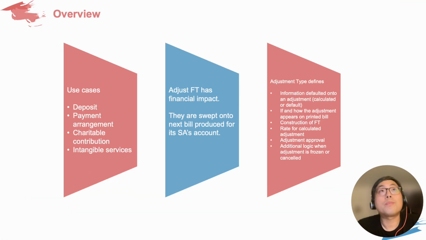All right, so before I start, adjustment is one of those three objects which is going to cause financial impact, right? So if you remember what we have talked through, the bill segment will create a financial transaction.